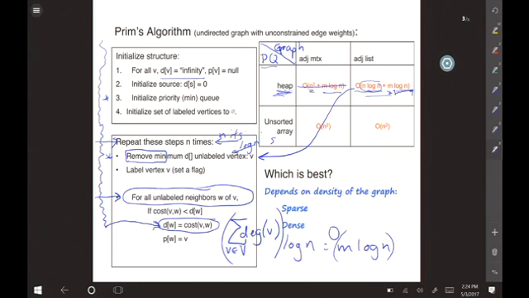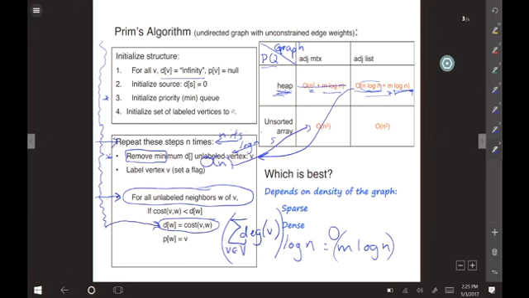The bottom row, unsorted array. We almost don't need to talk about it because it gets back to an algorithm that you learned in CS 125, which was finding the minimum of an unsorted array. How much time does that cost you? The length of the array, that's an n. This is a big O of n operation here, and you do it n times.